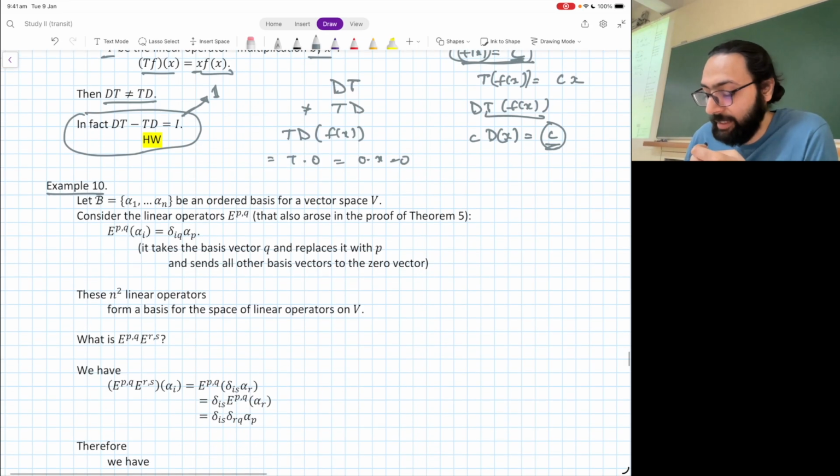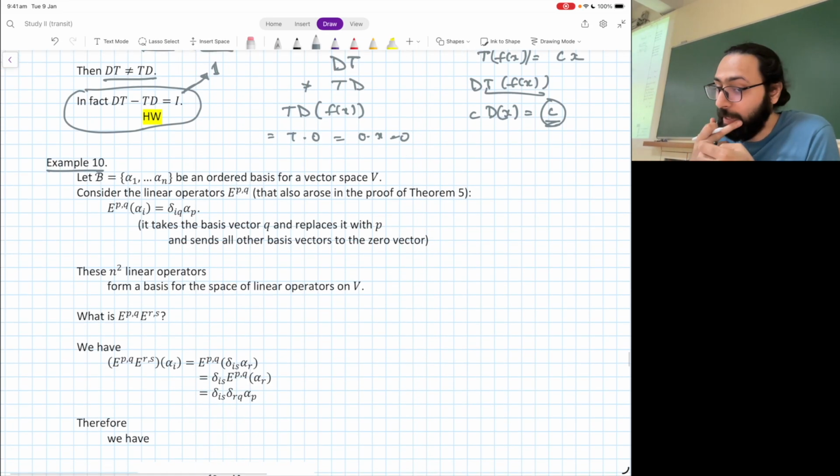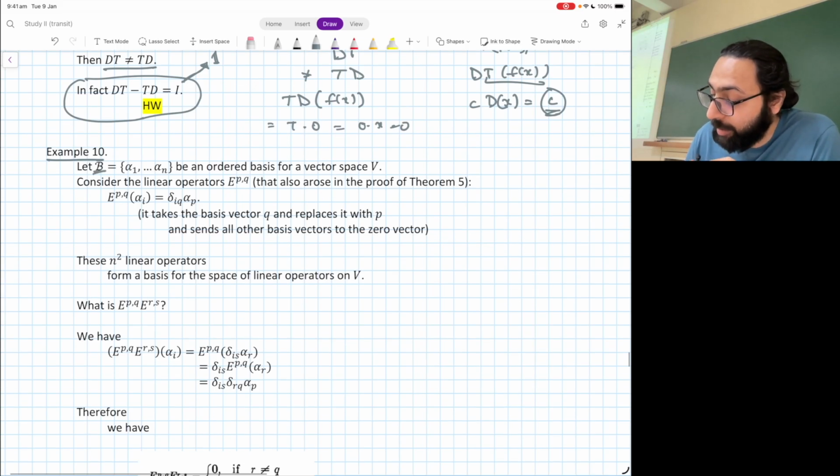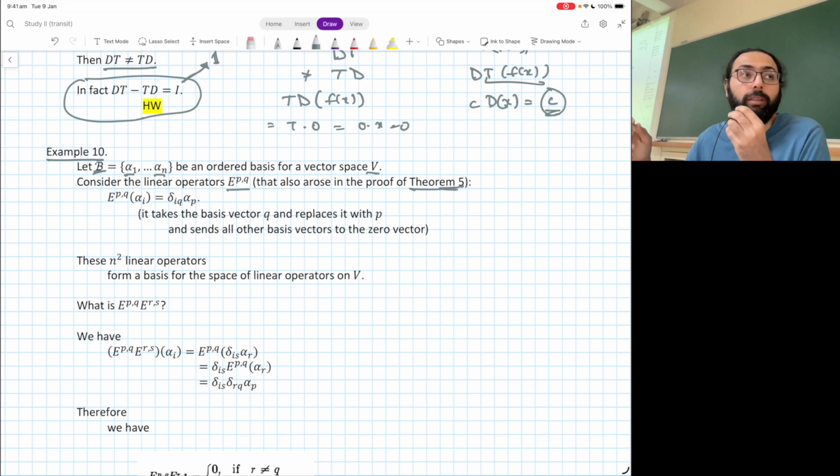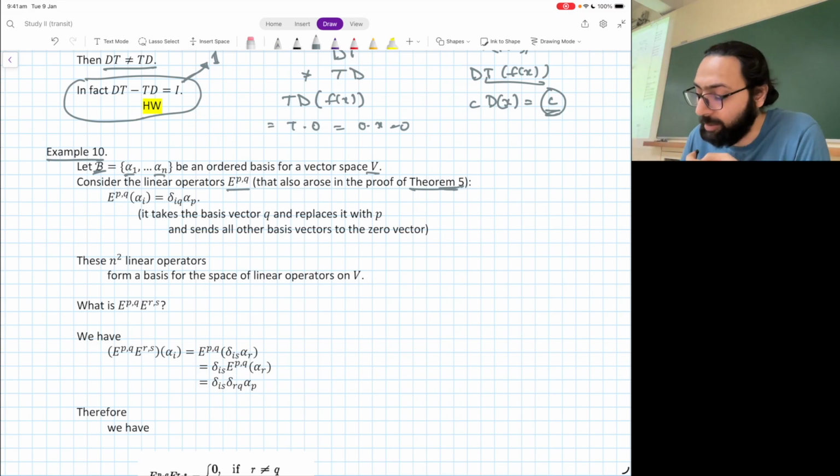Okay. All right. So example 10 says, let's look at it. Suppose B is an ordered basis, alpha 1 to alpha n, for a vector space. Consider the linear operators E^{PQ}. We also introduced them for the proof of theorem 5, where we were showing that the dimension of the set of operators would be n. We used a very simple construction.